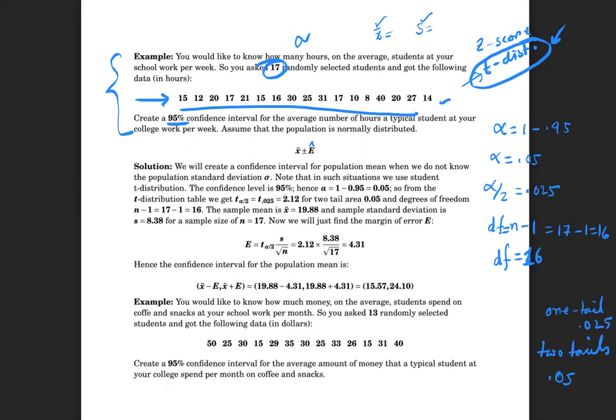Look at that column and then find the row from the first column that corresponds to degrees of freedom 16, right? Then you look at that value, and that value is, by the way, 2.12. That's what I found. Let me double check if it is right. I wonder if I made a mistake.